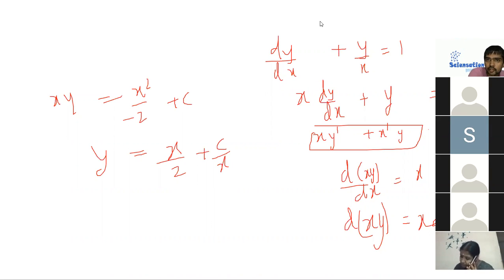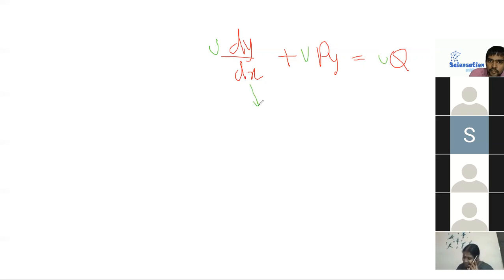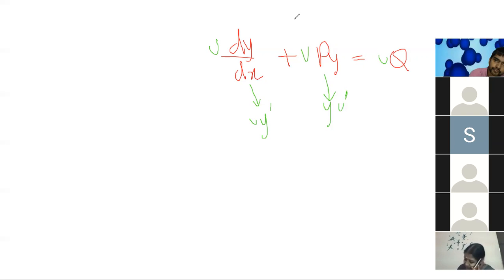So in general, when you have dy by dx plus py is equal to q, how will you multiply? You will multiply with a u such that, now what will happen to this fellow? This is u y dash, no? So this has to be y u dash. If this has to be y u dash, what can you say?